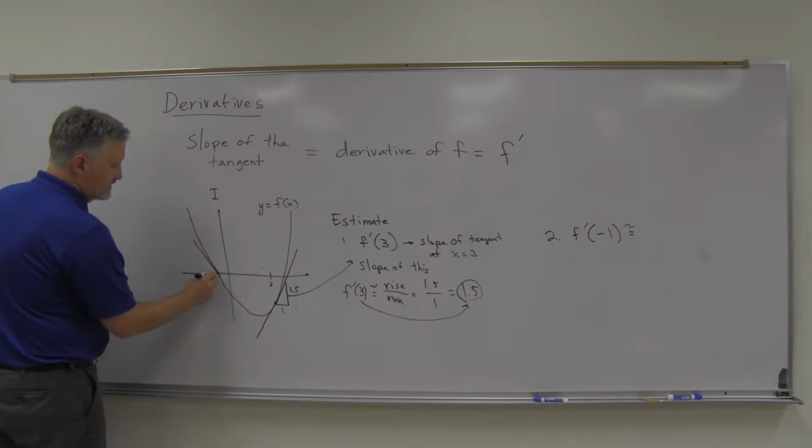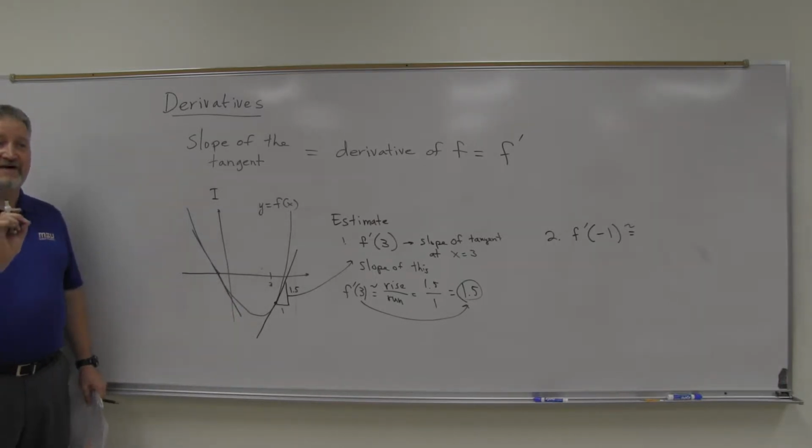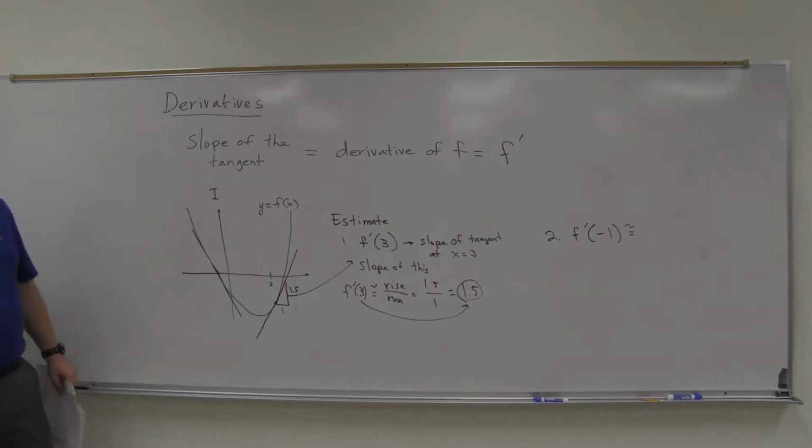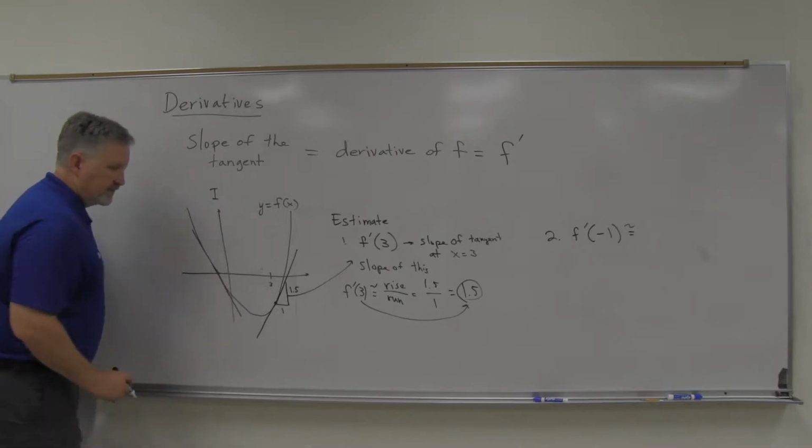Now, one thing we can see about that, if I draw that in as best I can, is, is it going to have positive or negative slope? Well, it's going downhill, isn't it? So it should have a negative slope, so that's one thing. Quick check.